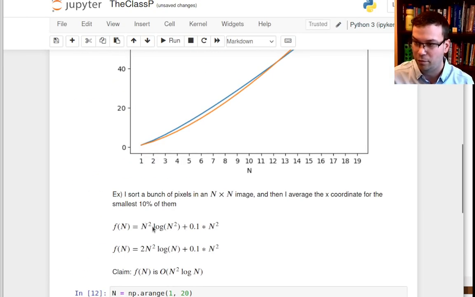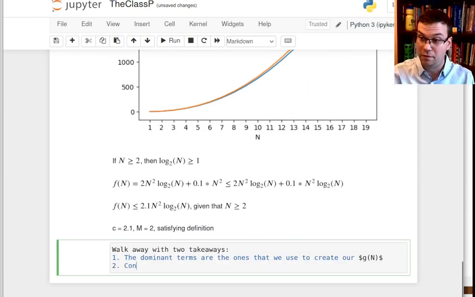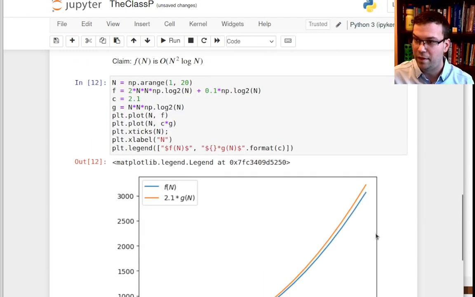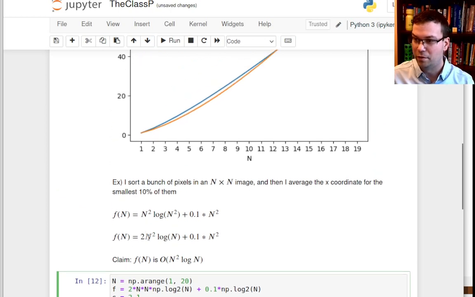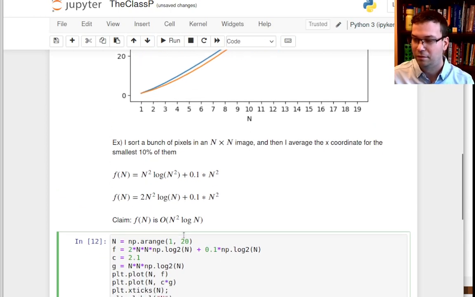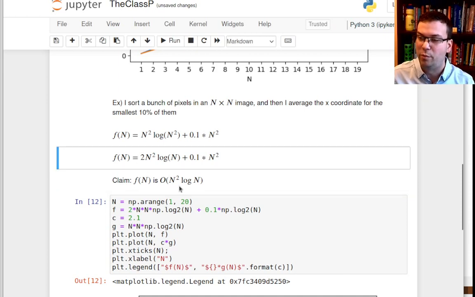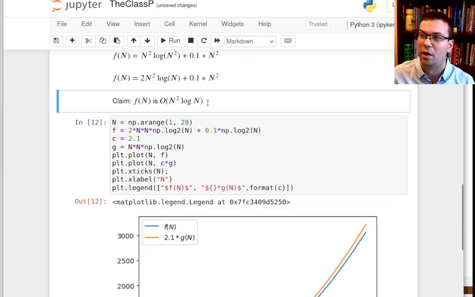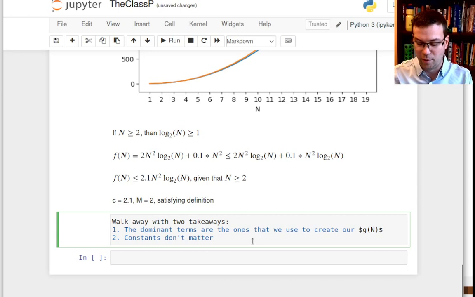That is going to grow faster than this n squared. The other takeaway is that constants don't matter. So somehow the fact that this was 2n squared log n didn't matter. I would still say that 2 doesn't really matter. Somehow the upper bound here is still n squared log n, up to a constant, we would say, when we're trying to understand the scaling behavior.